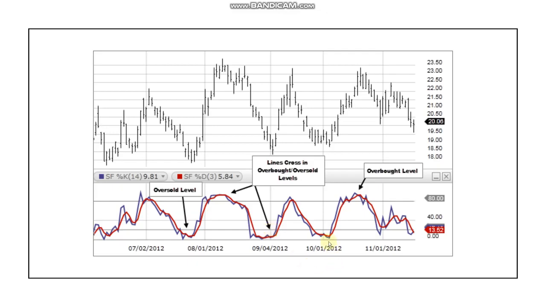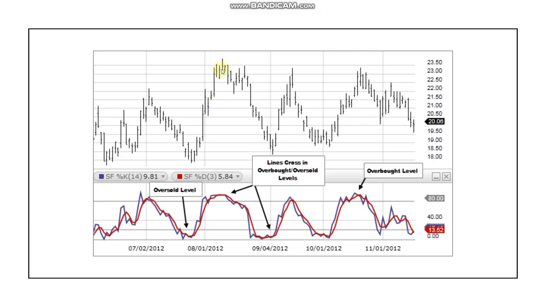So stochastic indicator mainly helps us to identify the overbought and oversold zones in the market. See, because suppose a market is going like this, you'll have no idea when the market will be in overbought zone.